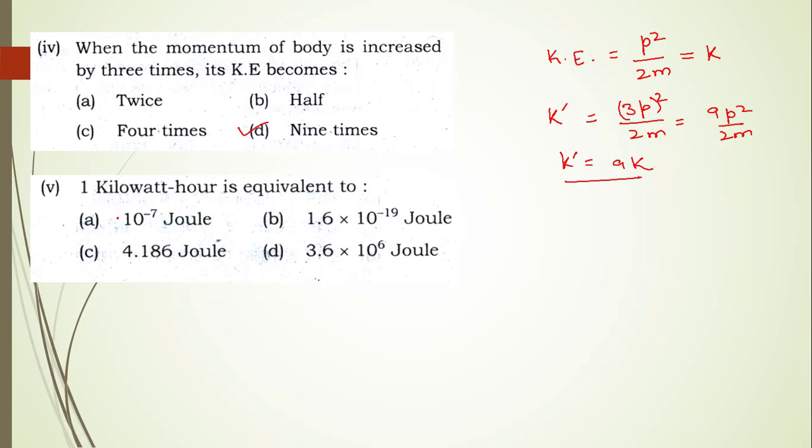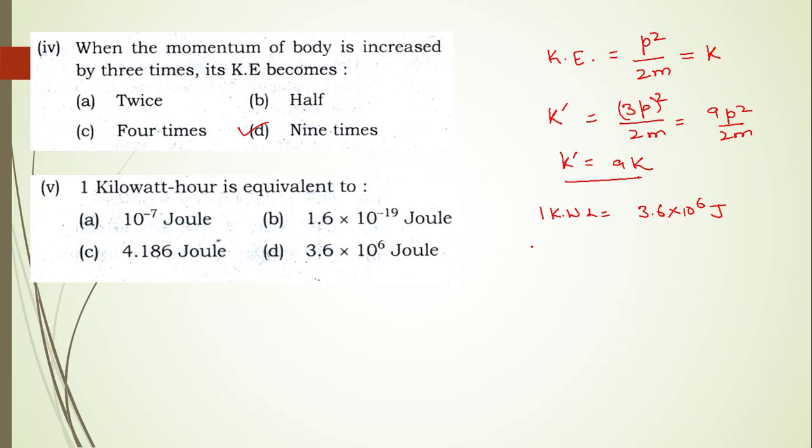1 kilowatt hour is equivalent to? Now we know that 1 kilowatt hour is equal to 3.6 into 10 raised to the power 6 joule. This is the right answer.